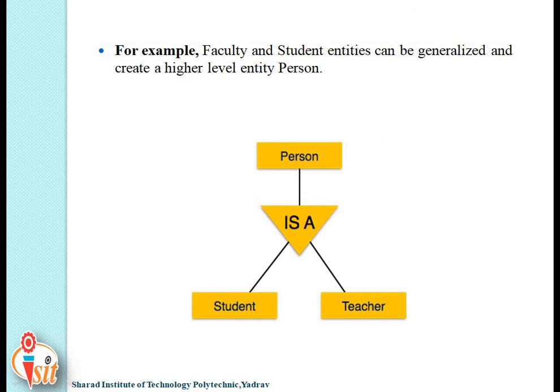Here you can see the example of generalization, that is, faculty and student entities can be generalized to create a higher level entity, person. As I said earlier, generalization uses the bottom-up approach, that's why the example can be explained as student and teacher entities can be generalized to create the higher level entity, that is, person.